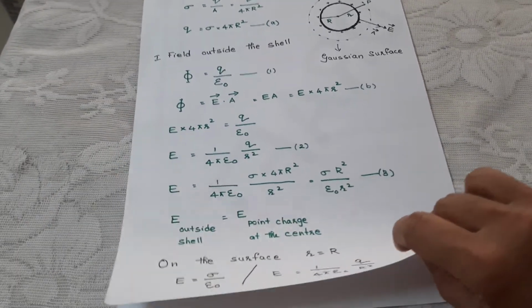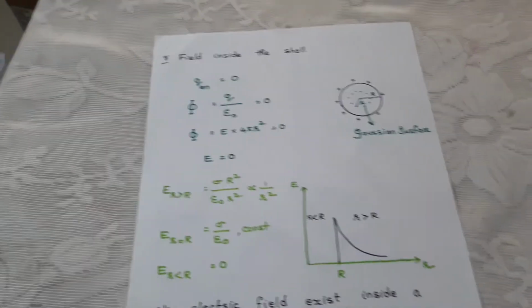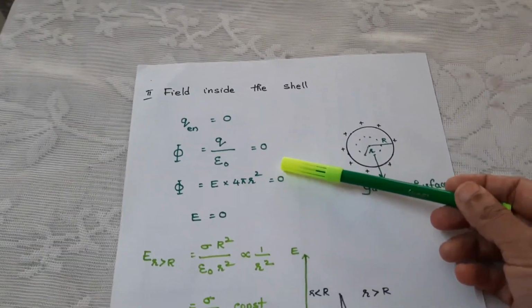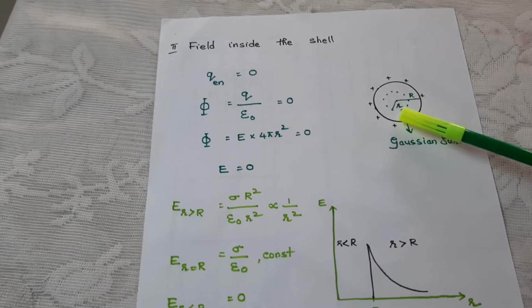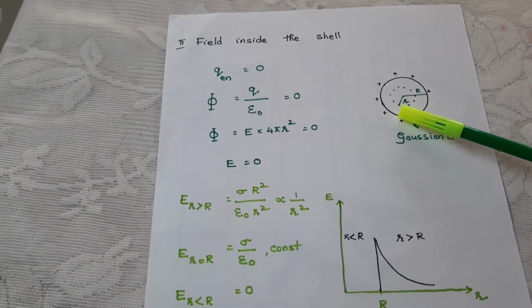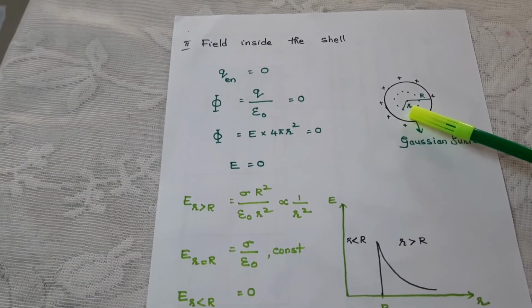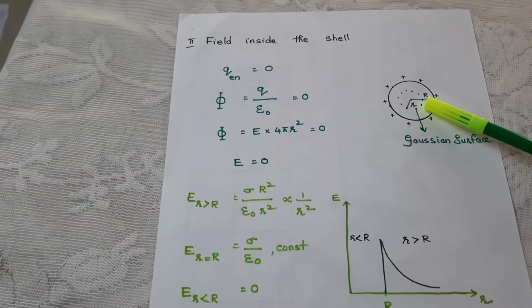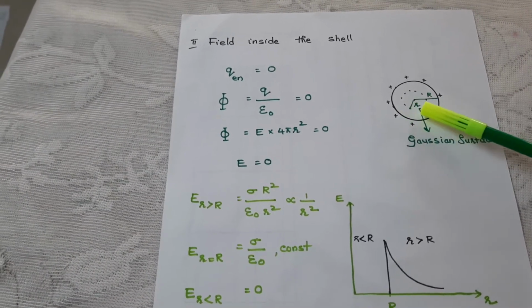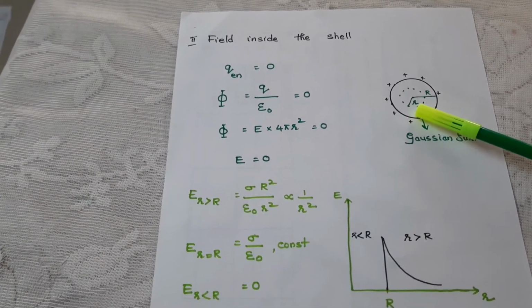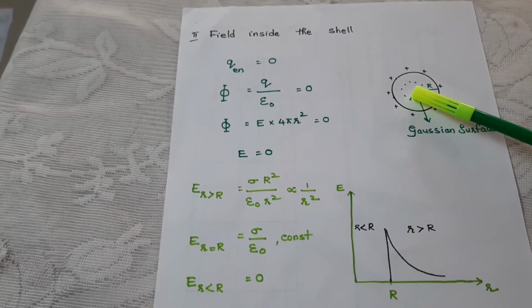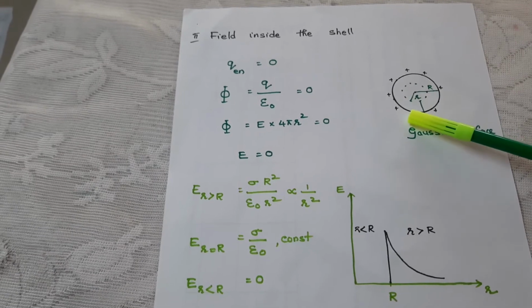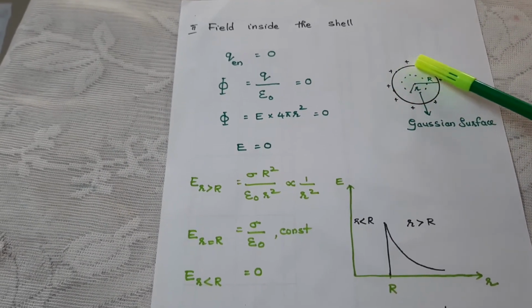And now let us find the electric field at a point inside the shell. For that, let us consider a spherical Gaussian surface of radius small r, which is less than capital R. The charge enclosed by the Gaussian surface is 0, as the charge rests on the surface of the shell.